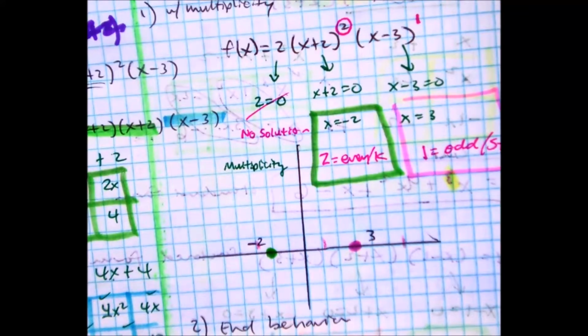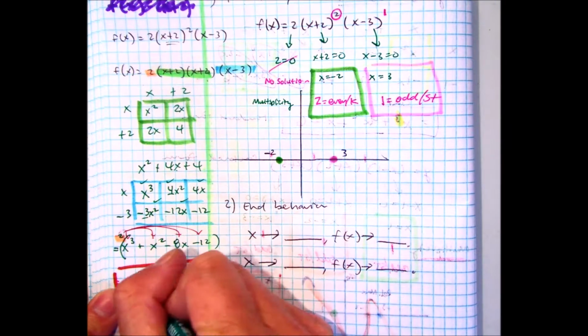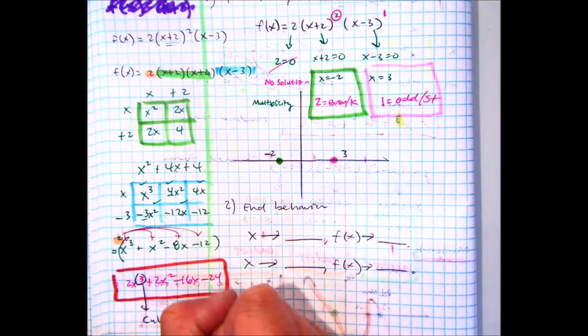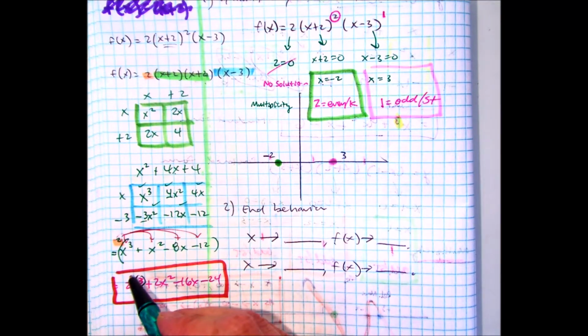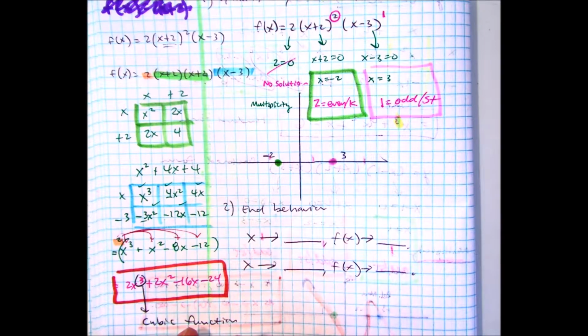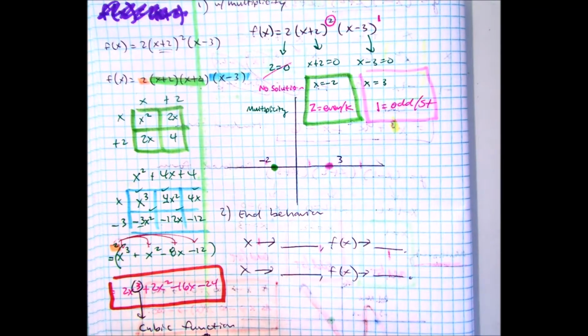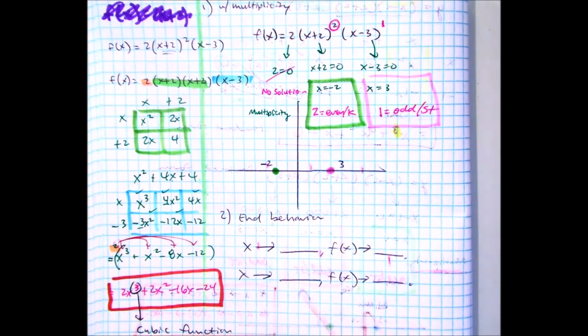Now, let's talk about its end behavior. The general function, if you look over here, the one that we expanded all that? Class, what type of function is this? Everyone say cubic function. Remember, cubic functions are odd degree functions, what we learned yesterday. Odd degree functions start down and up. I know that because the easiest one is linear. Does that make sense? So let's go ahead and put our arrows starting down.